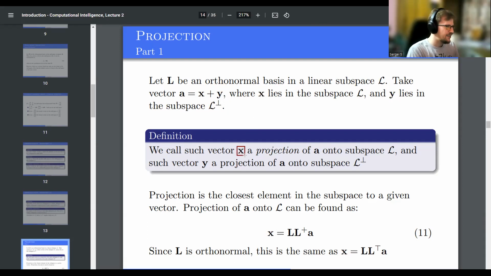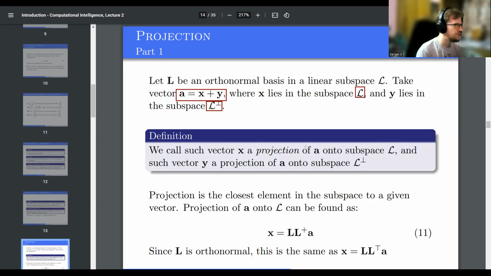We call x a projection of A onto subspace L, and we call y a projection of A onto subspace L perp, if A is given as X plus Y, and X lies in L and Y lies in L perp, then X is a projection of A onto L, Y is a projection of A onto L perp.